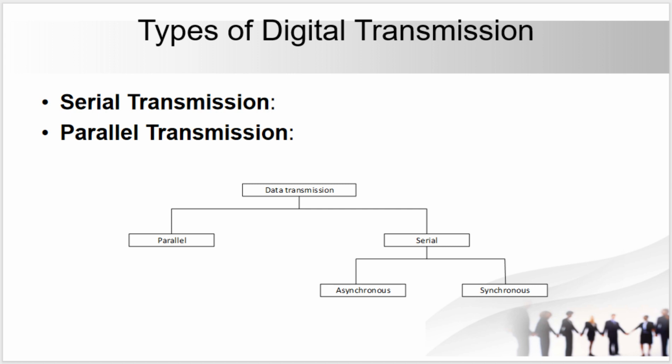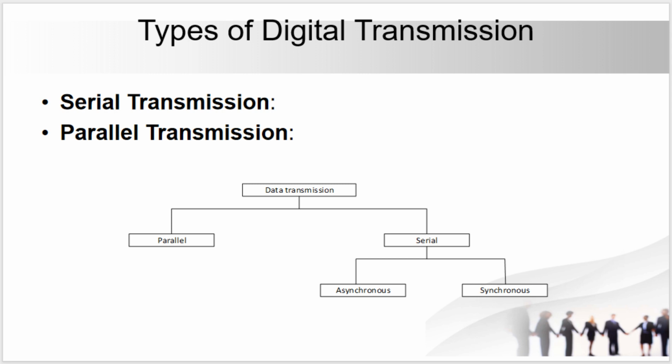In asynchronous serial transmission, data is transmitted in individual bytes or characters, with each byte framed by start and stop bits. Its features are simplicity and low-speed transmission, suitable for irregular data intervals.